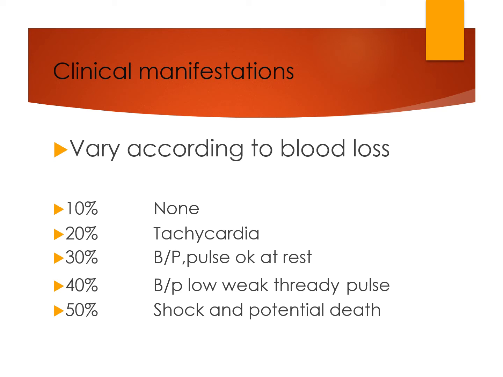The pulse is okay at rest, but not when there's any activity. At 40%, again, we're talking about that sympathetic response is no longer there anymore. So the vasculature tends to vasodilate, causing blood pressure to drop, the weak, thready pulse. At 50%, there's shock and potential risk for death.